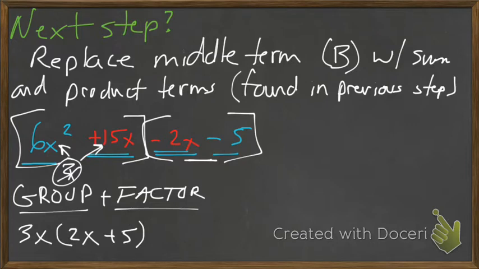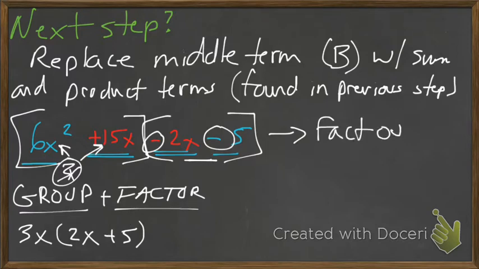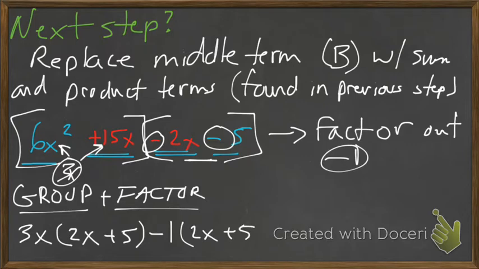Now this side here, I have 2 negatives, so I'm going to factor out negative 1. I'll be left with negative 1 multiplied by 2x plus 5. I just want to make sure that math works out there. I'm pretty sure it does.